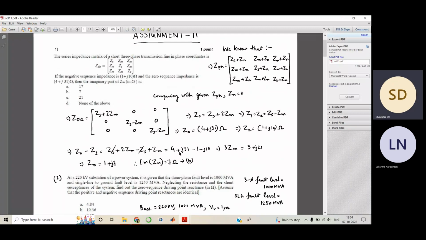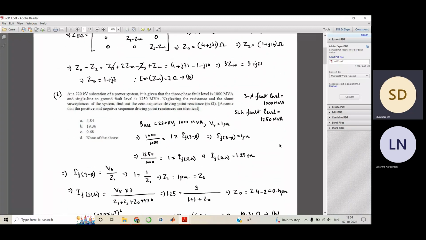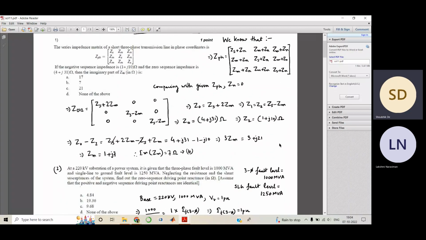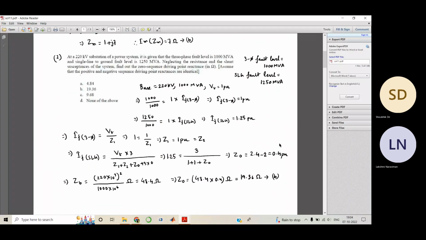From here I am getting 3Zm equals 3 plus J21, and my Zm is 1 plus J7. So my imaginary part is 7, which is option B. It was a pretty simple problem. I hope this should be clear. Now let us go to the second problem.